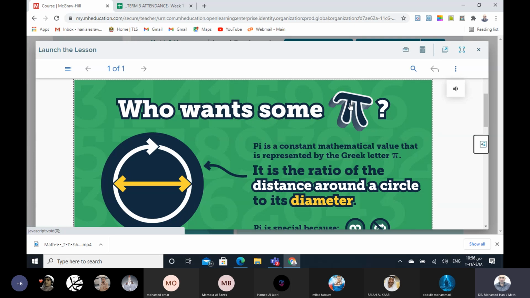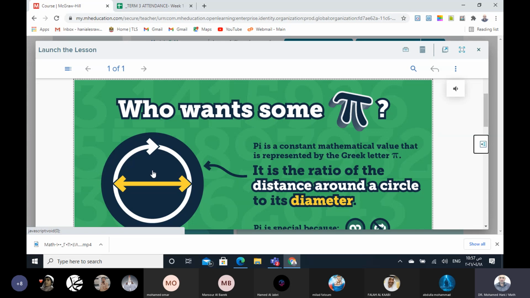So what's the meaning of pi? Pi is a constant mathematical value that is represented by the Greek letter pi. It is the ratio of the distance around a circle to its diameter.